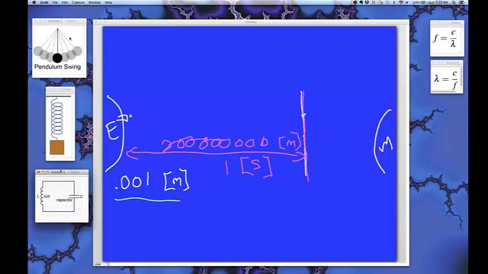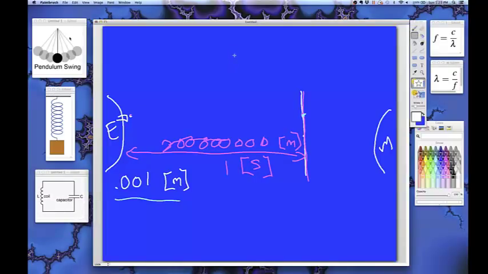Okay, the capacitor stores potential energy, and the inductor, it doesn't want me to draw a coil, but that's okay. The inductor stores kinetic energy. Let me draw that a little nicer.